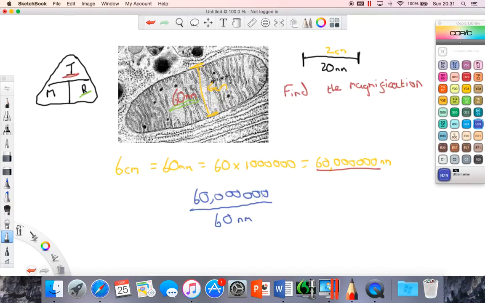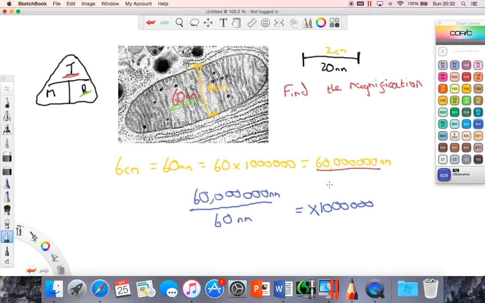These are both in nanometers, that's what we've converted them to. That gives us 1 million, to give us a magnification of 1 million. This image is 1 million times bigger than what the real mitochondria would be.